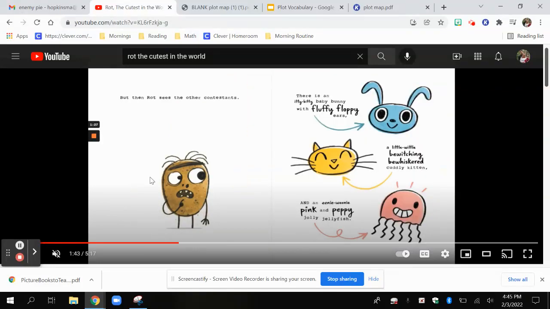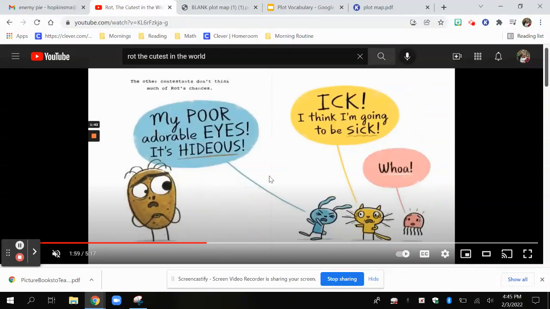But then Rot sees the other contestants. There is an itty-bitty baby bunny with fluffy floppy ears, a little whittle bewitching bewhiskered cuddly kitten, and an eeny-weeny pink and peppy jolly jellyfish. The other contestants don't think much of Rot's chances. My poor adorable eyes, it's hideous.